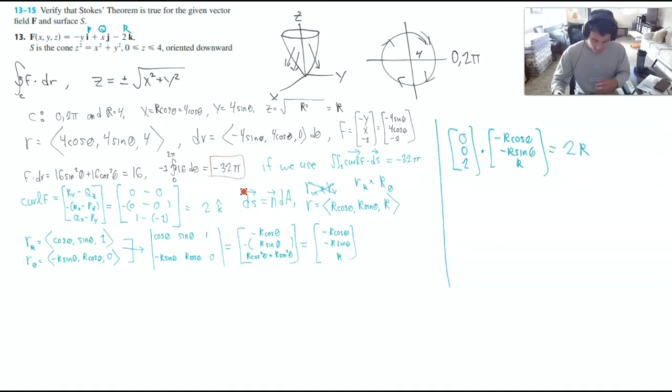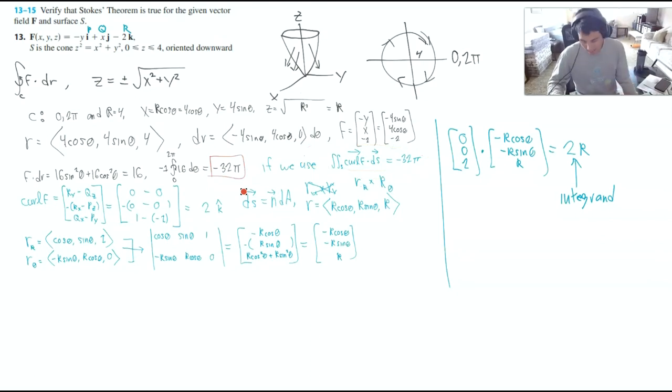Okay, that's what you get. And for the next part, so this is your integrand. Now you can go back and you can use this formula. We know it should be equal to negative 32 pi.